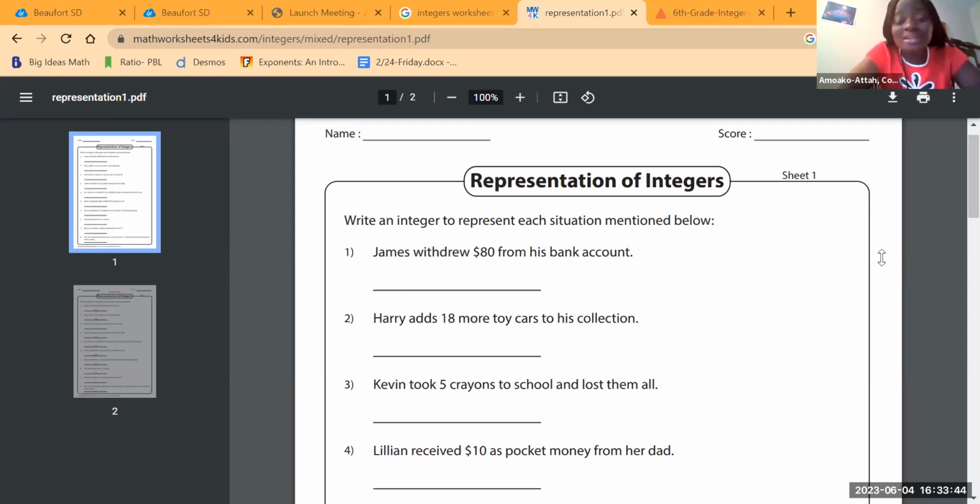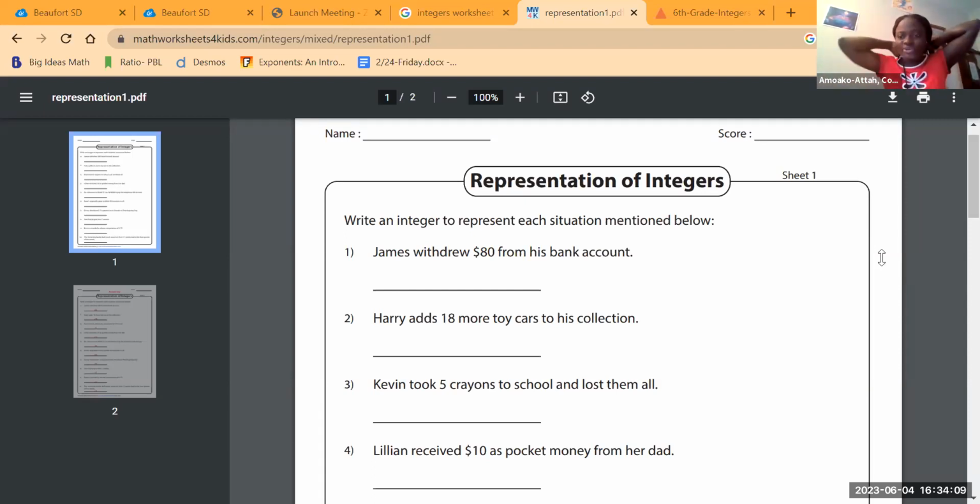All right, now pick your jotters as you go along with me through these examples. As I read a question, you tell me whether this is a negative number or a positive value. The first one is James withdrew $80 from his bank account.